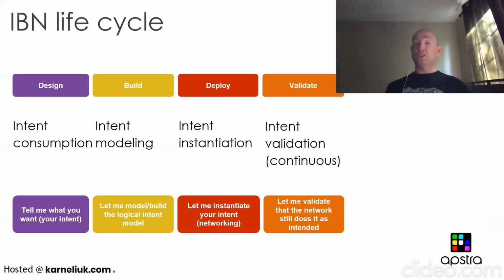Are you going to use VXLAN or something else? There are a lot of details that need to be applied to a logical abstracted design in order to build a network. So in this phase, the IBM system would consume metadata that turns the intent into an actual model. So now you can model a network in a way that business logic is fully understood.